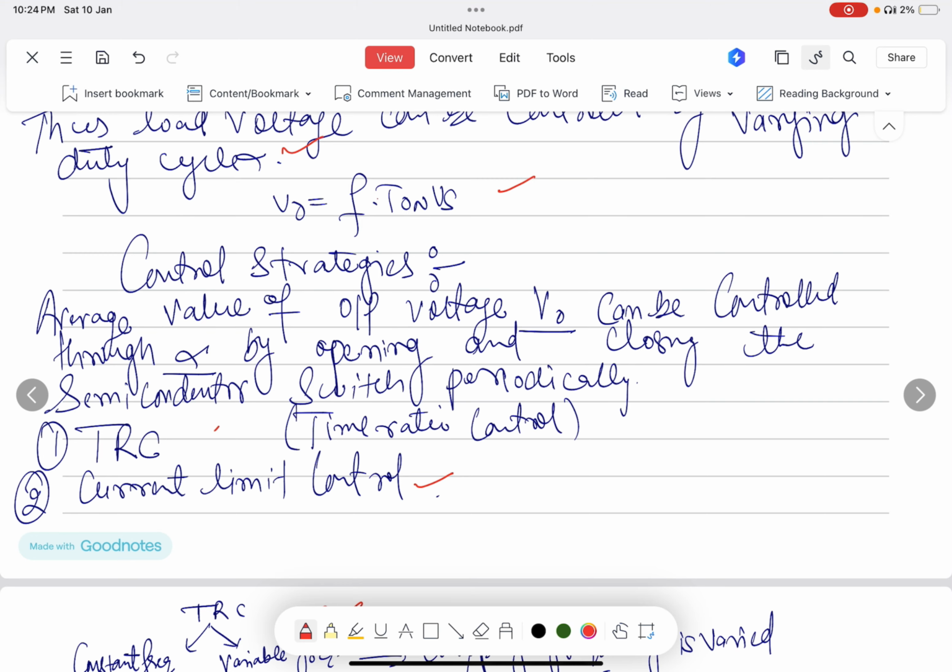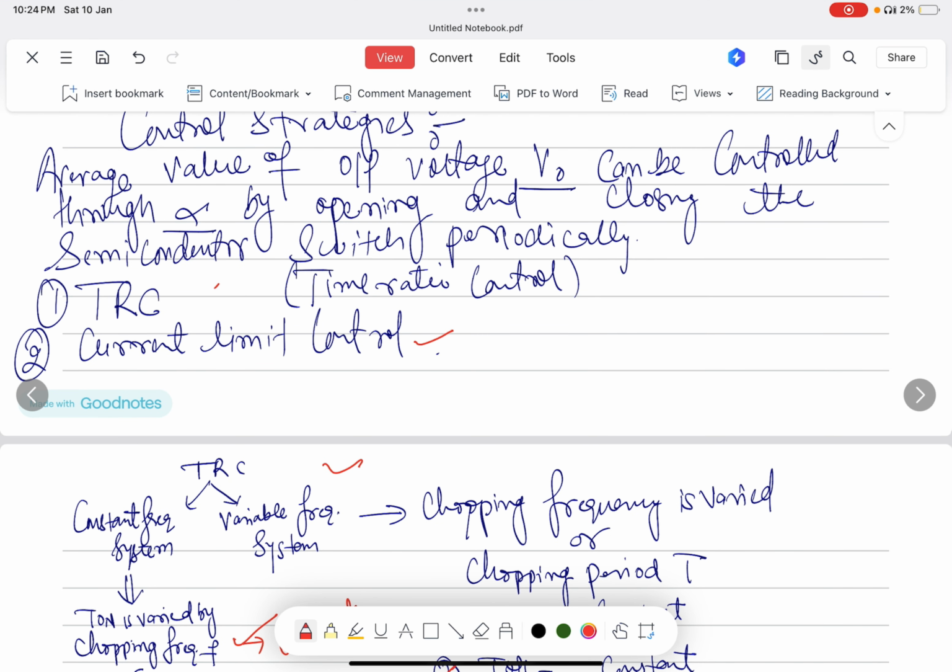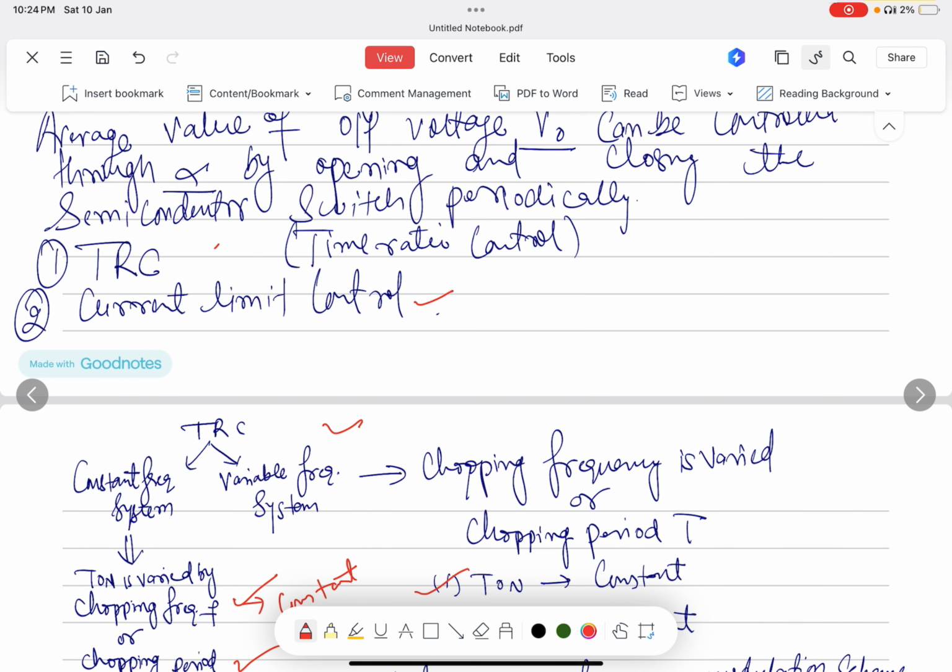The various control strategies for the duty cycle alpha are TRC, that means time ratio control, and also current limit control.